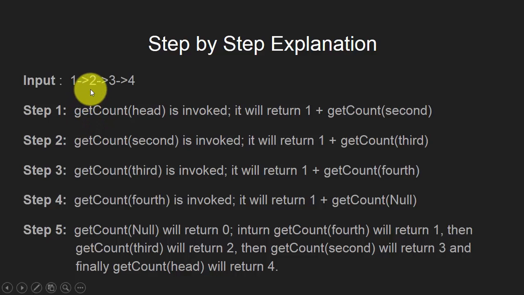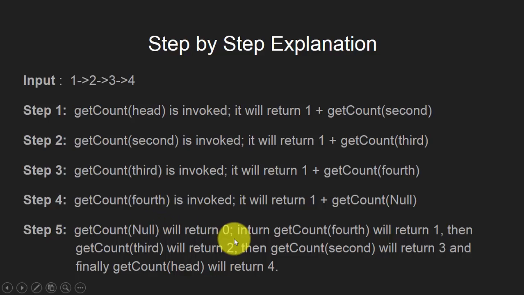Again, as the second node is not null, it will again invoke 1 plus getCount by passing the third node. Again, the third node is not null, so it will return 1 plus again invoking getCount by passing the fourth node. Again, the fourth node is not null, so it will invoke getCount by passing the next of the fourth node, but the next of the fourth node is null. So this will return a value 0.